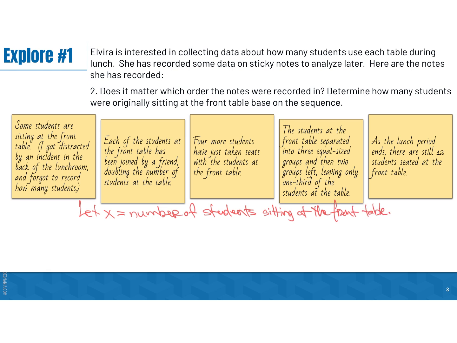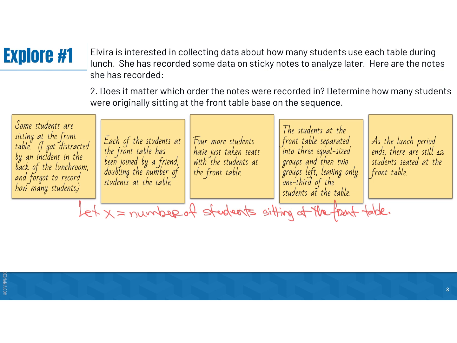All right, so we're going to be using this. And I think working backwards is a good way to figure out what to write down to solve this. So the last one says, as lunch period ends, there are 12 students seated. So I'm going to draw that out.